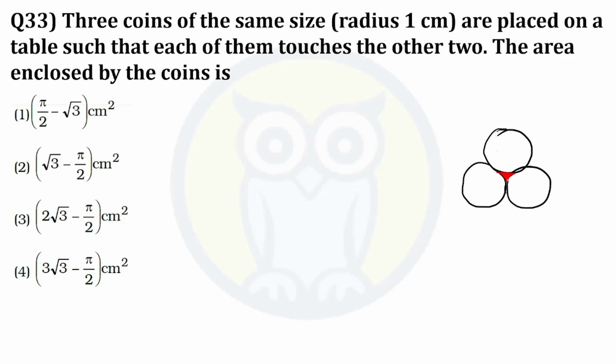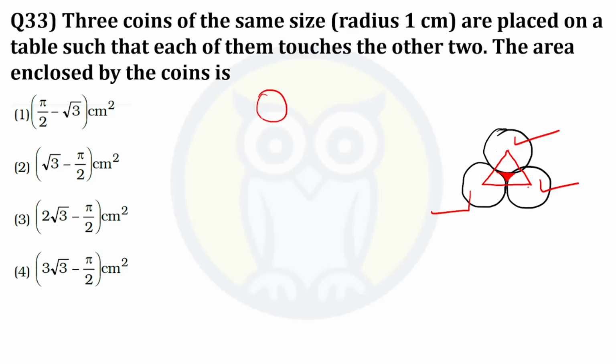To find this area, first join all the centers. If we join all the centers, we get an equilateral triangle.